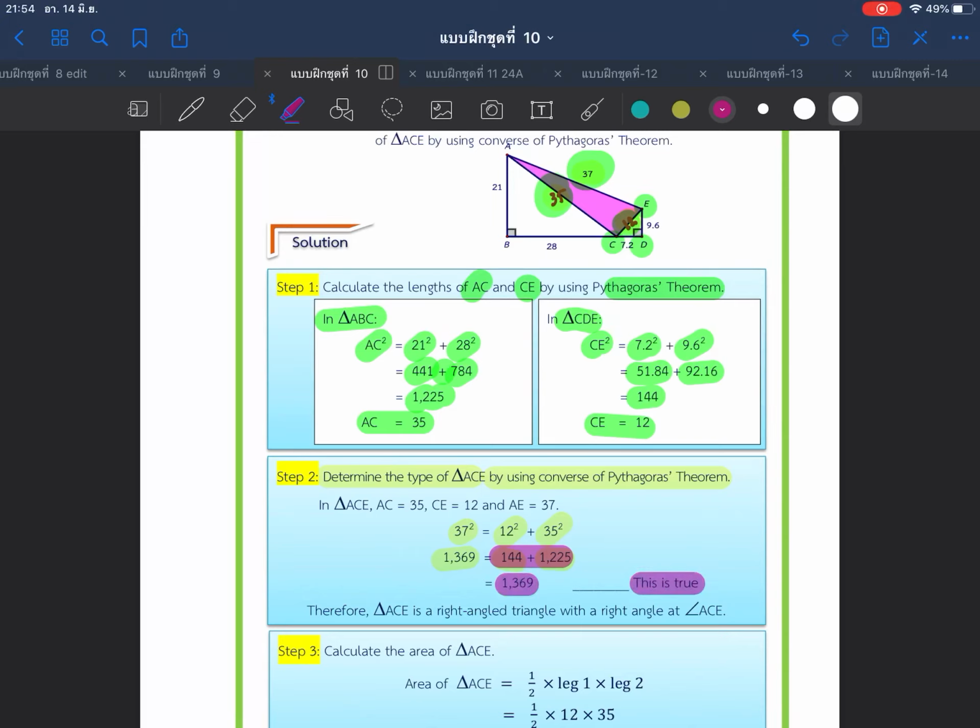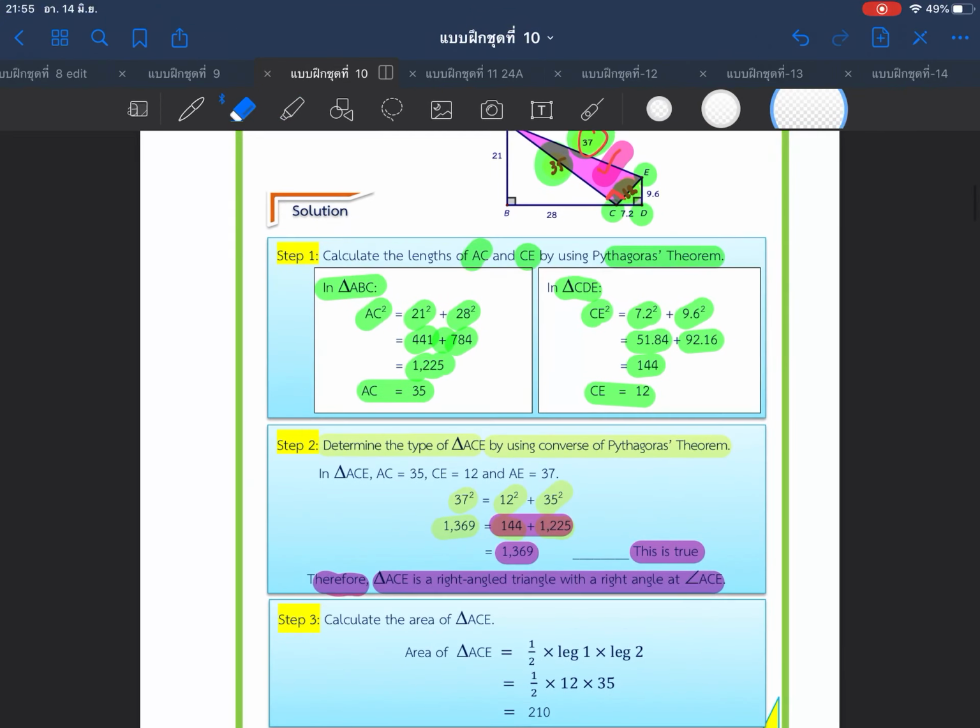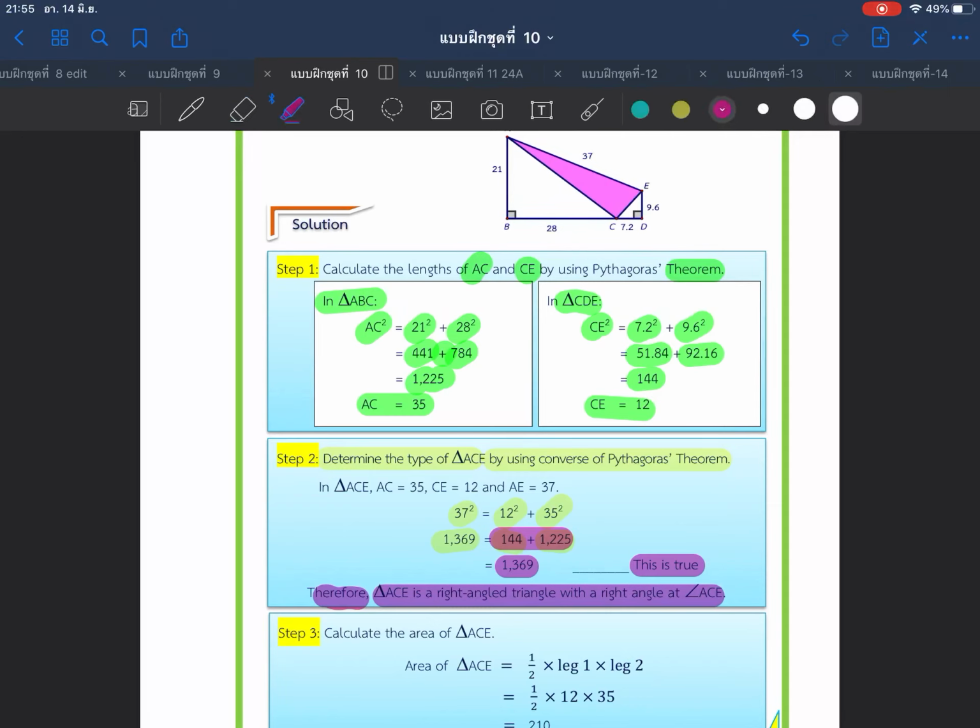So this triangle is a right angle triangle at C, because C is the angle opposite to the longest side, 37. Therefore, triangle ACE is a right angle triangle with the right angle at ACE, at this angle.